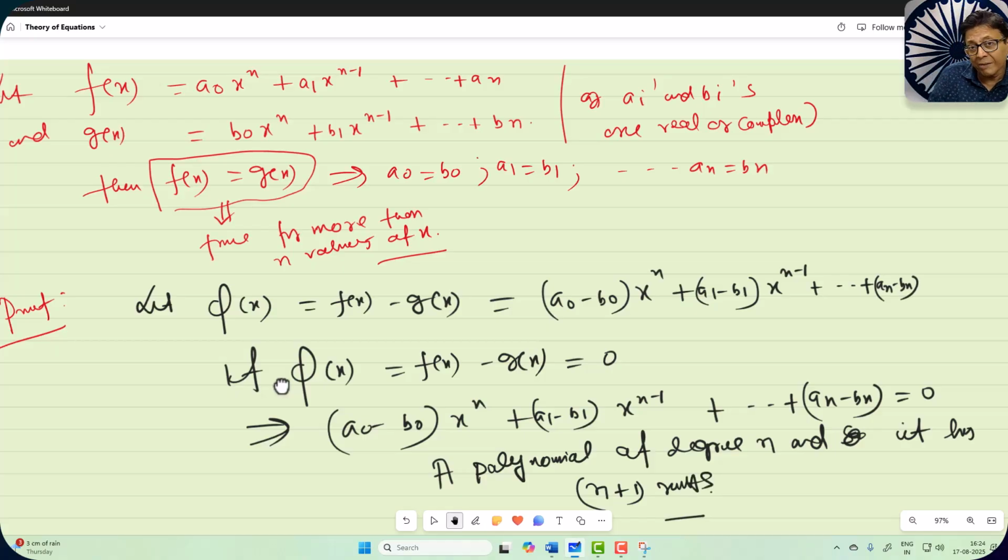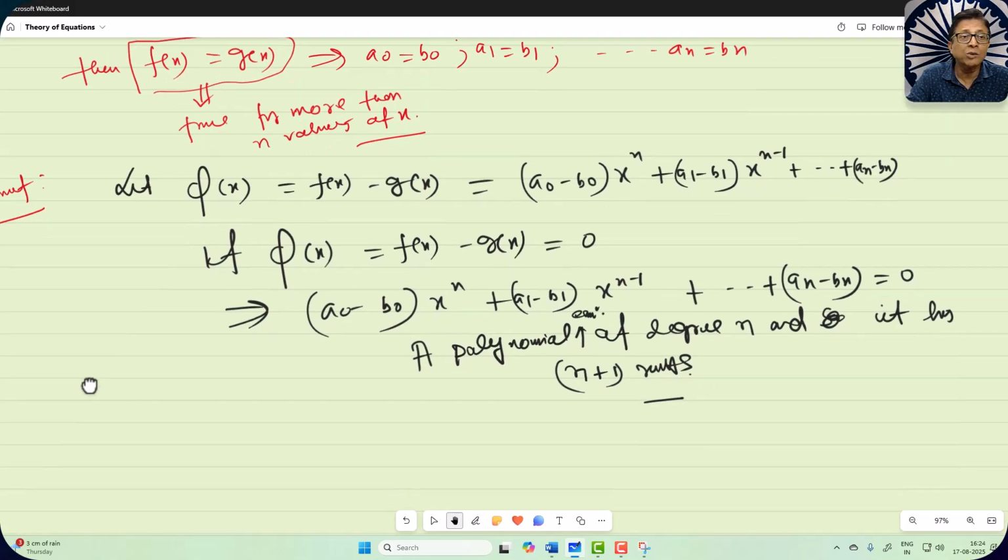Because you said f(x) and g(x) both are satisfied by more than n values. I am just assuming n + 1, maybe n + 2, maybe many things. Okay? This is a polynomial equation of degree n, and it has n + 1 roots.